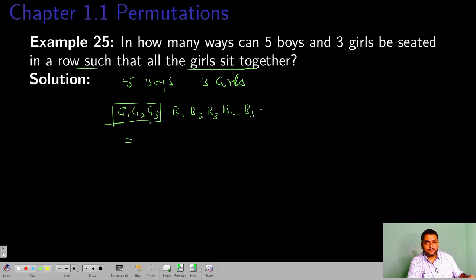So now this is 1, 2, 3, 4, 5, 6, so 6 factorial. We are not going to divide because all boys are different and all girls are different. Into these, 3 girls can be seated in any permutation, right? G1, G2, G3, or G2, G1, G3, like that. So it will be 3 factorial. 6 factorial into 3 factorial ways, so it will be 4320.